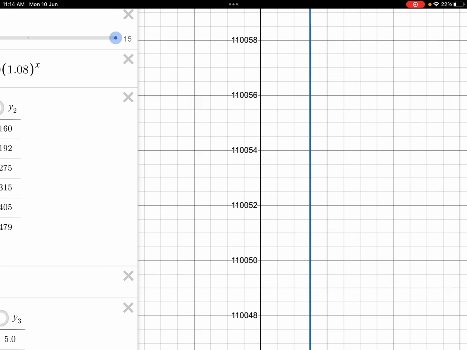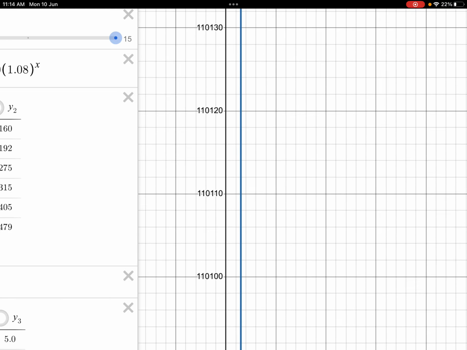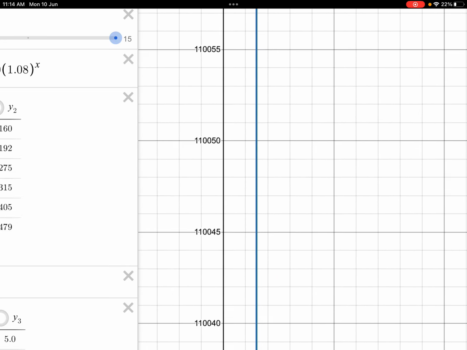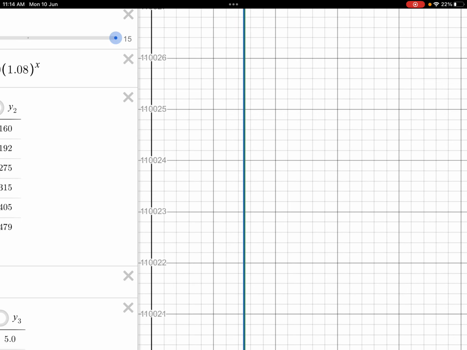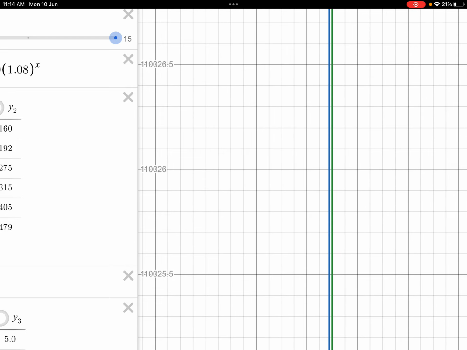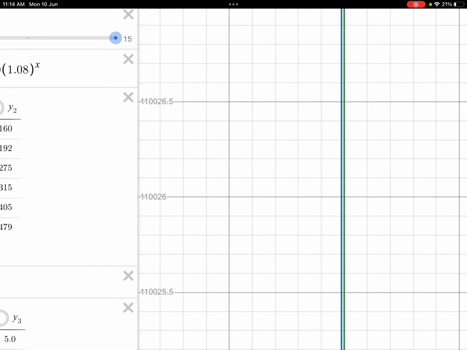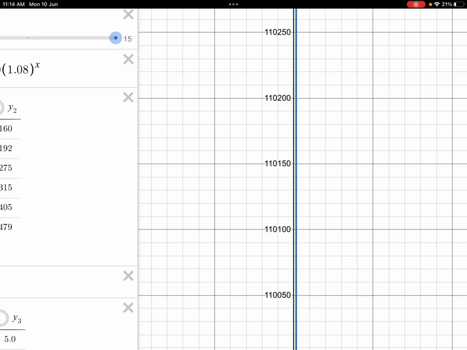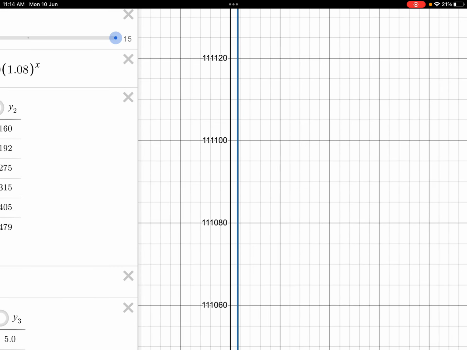Sorry, you can skip ahead. I just want to prove that this method works if you just plug it into your calculator. 125.9. What? How am I back down at this? $111,000.